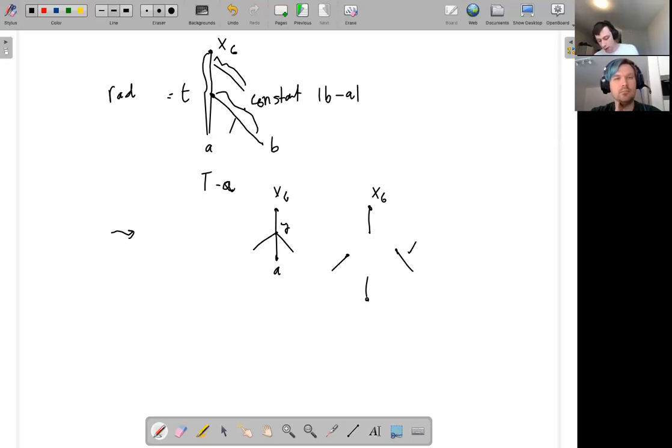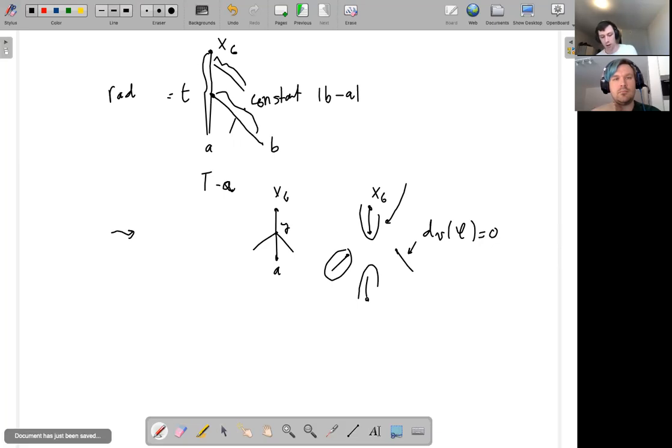Clearly, along any of these tangent vectors, the derivative is 0, because the function doesn't change along the branch. It's a constant function. Also this one. So the only place you will have a non-zero derivative is in this tangent direction and this tangent direction.